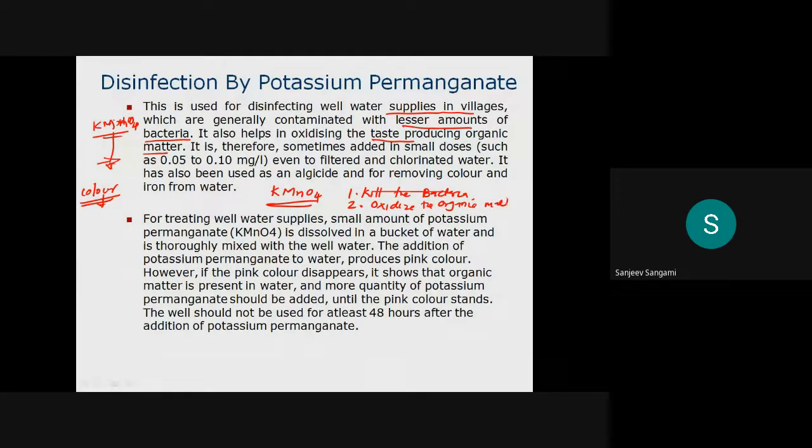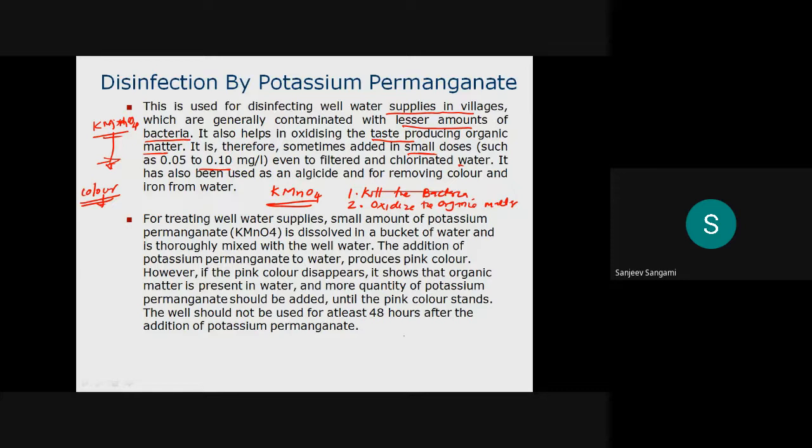It is therefore sometimes added in small doses such as 0.05 to 0.1 milligram per liter, even to filtered and chlorinated water. Sometimes this is used even after chlorination or before chlorination also.